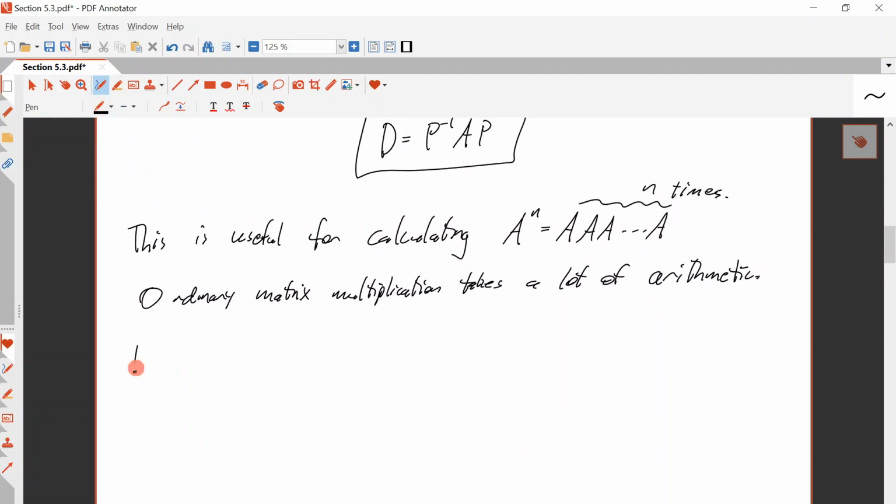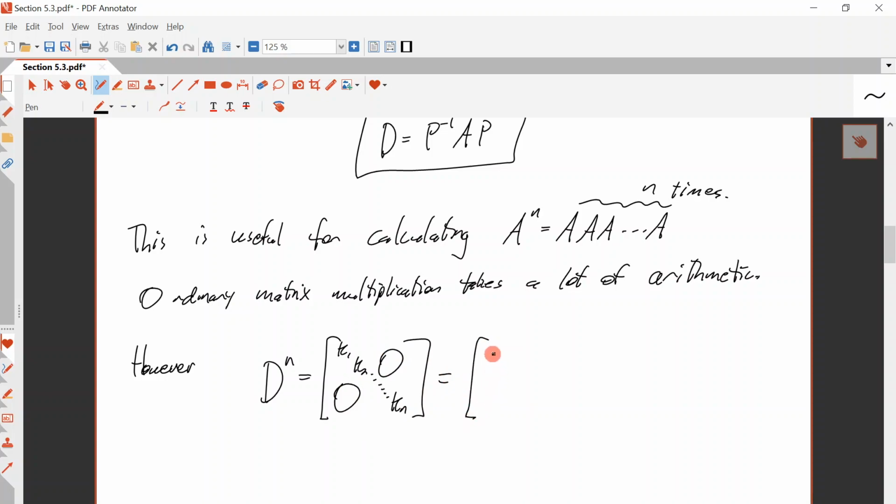However, D to the m, because D is diagonal, this is k1, k2, all the way up to kn with zeros everywhere else. That doesn't take hardly any arithmetic at all.